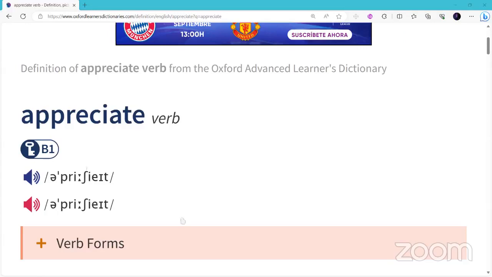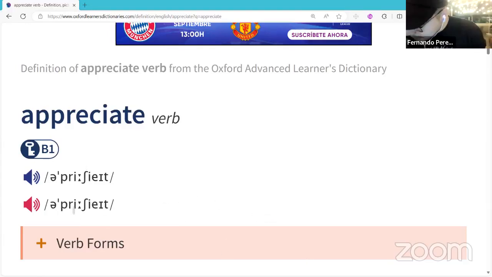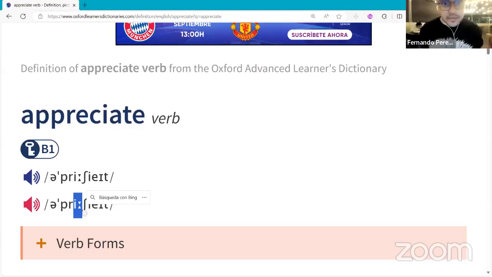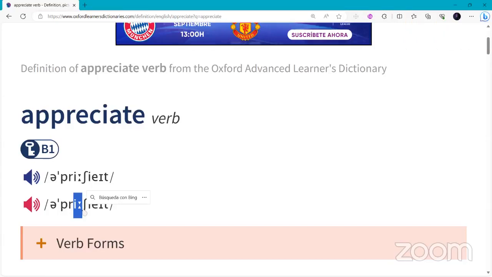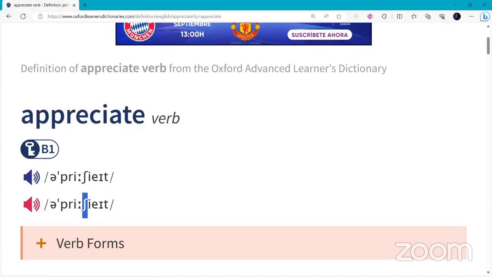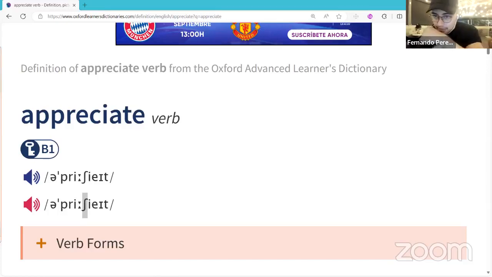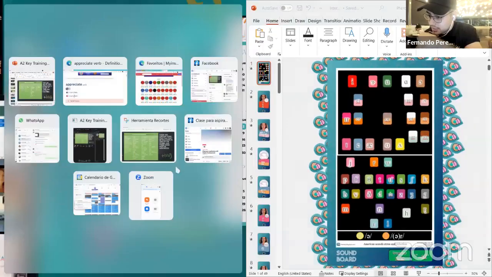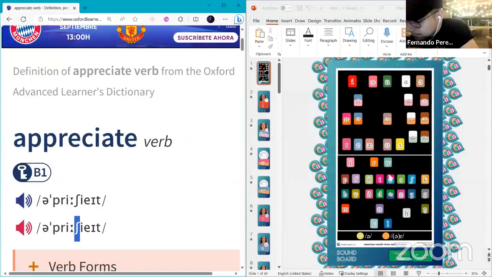Appreciate. Look at the symbols. The first symbol is equal. The second syllable, look here. What is that sound? Let's go to the symbols and check the pronunciation.